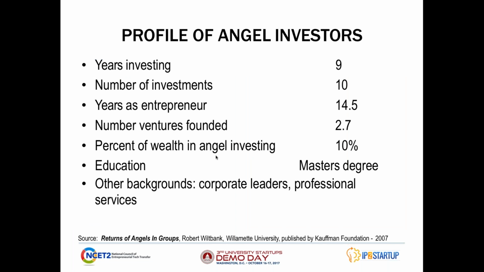So a typical profile for an angel is usually they've been investing for a while. They make a number of investments, and that's really important because these are really risky deals. Most of them fail. Not only most, but the vast majority fail.